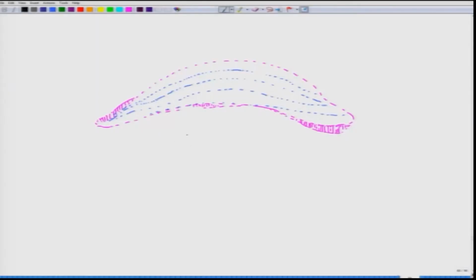Most of them have a geometry like this, with the dendritic network.